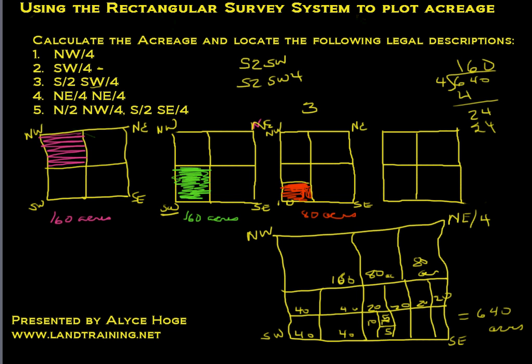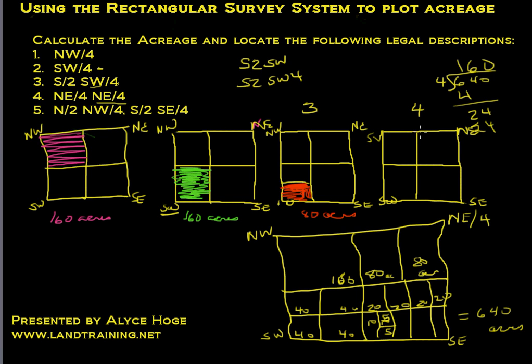Let's read another one. This is the northeast of the northeast. Question 4 here. Northeast of the northeast. So again, we're going to put our corners down. Northeast, southeast, northwest, southwest. And so the northeast of the northeast, we read it backwards. We start with the northeast. That's here.